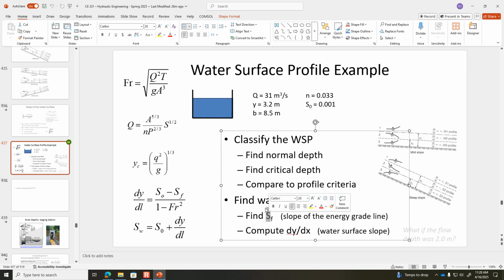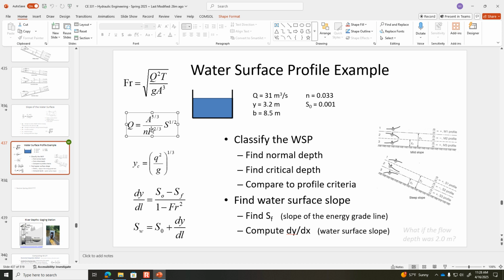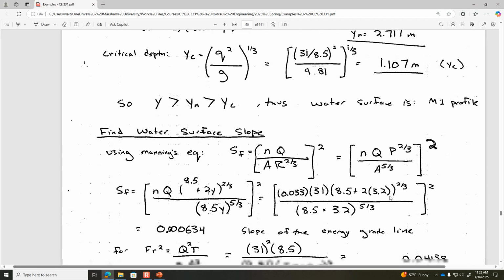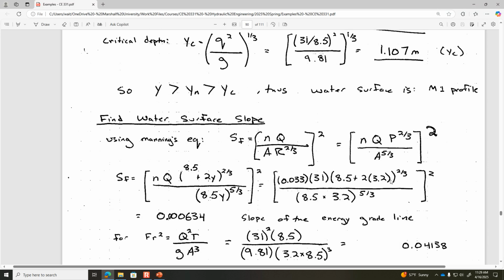Okay, S sub F we can find by rearranging Manning's equation for S. You can see over on the right-hand side of the classroom on that whiteboard, I've rearranged Manning's equation to solve for S. And what we do is we put in the actual flow depth of 3.2 as the y. So we're substituting in the measured flow depth in both the area and the wetted perimeter to find the slope of the energy grade line.